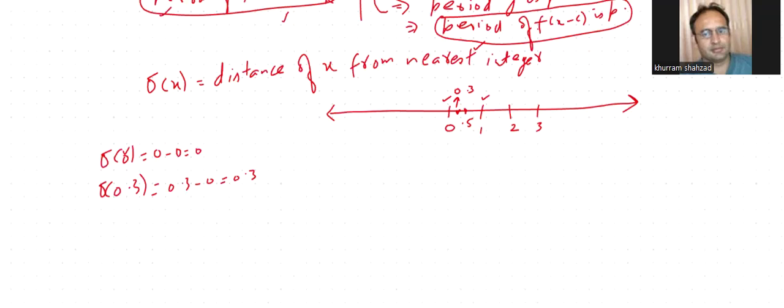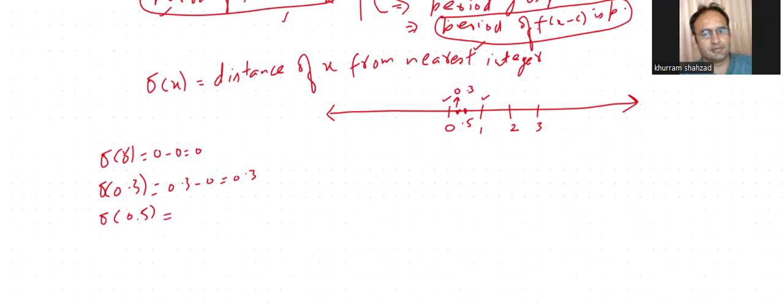Now, what is the distance of 0.5, the image of 0.5 under sigma? This 0.5 is now at the mid of the 0 and 1.